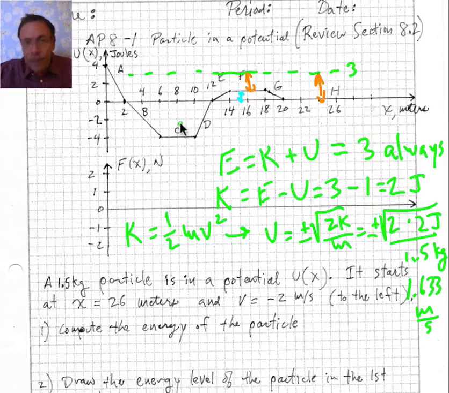The easy way is to just realize that just like here, the kinetic energy was the distance between this potential energy and the energy level, the total energy here, is the same thing here. So the kinetic energy is the distance in energy between the potential energy and the total energy.